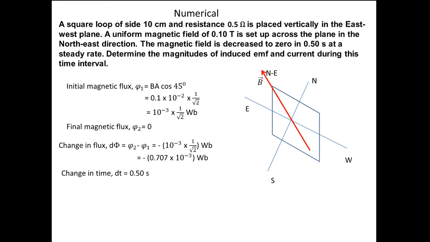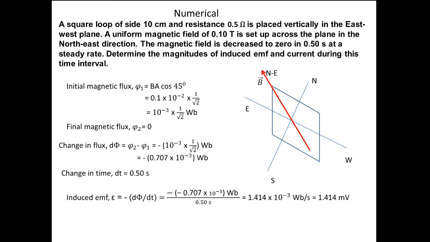The time interval given is 0.5 second. So induced EMF equals minus d phi by dt, and we get its value as 1.414 millivolt. Finally, resistance is given, so we can find the induced current by using the formula E by R.